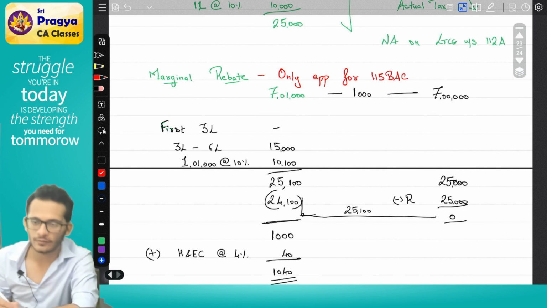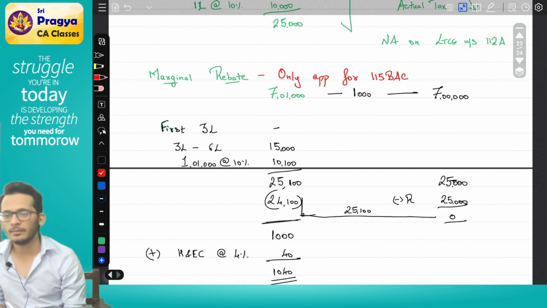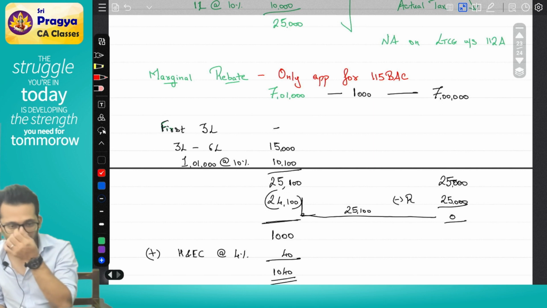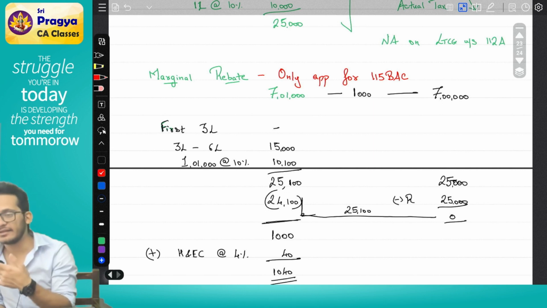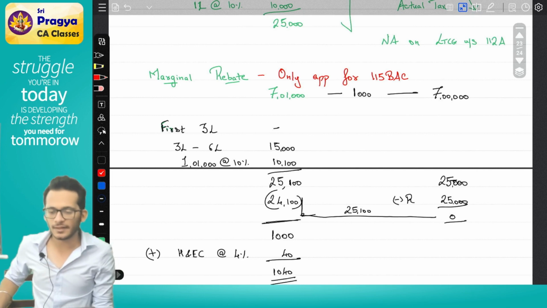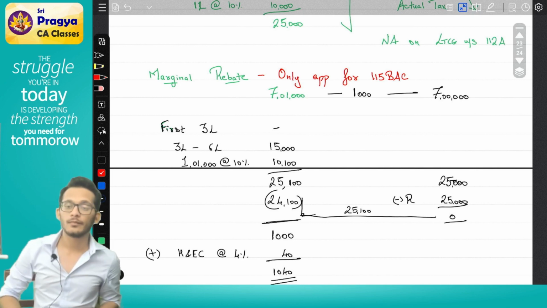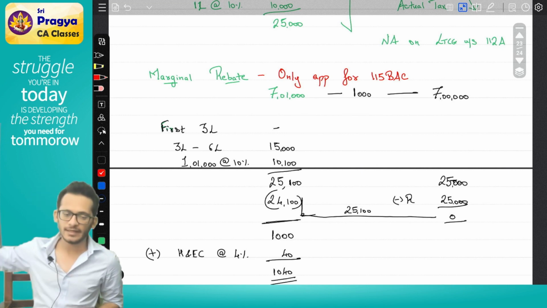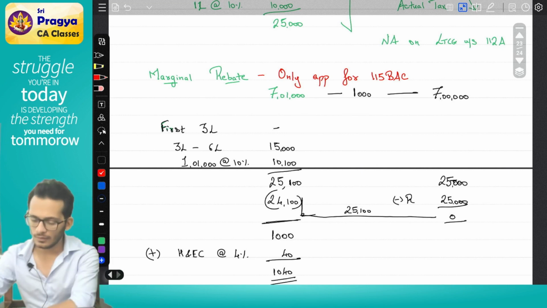Which means, Rahul, my income is 5 lakh 1,000 in old regime. Can I claim marginal rebate? No. You can only claim marginal rebate in case you are opting for 115 BAC. Any doubts in this question? No?